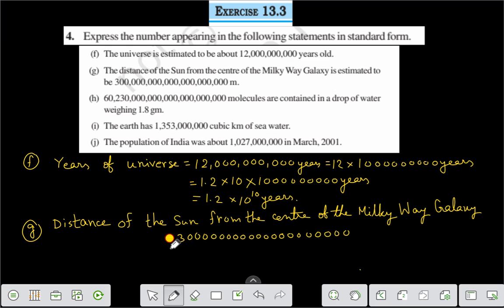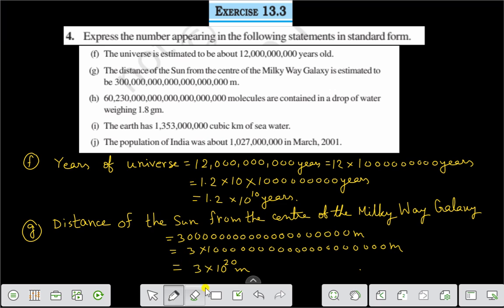And that can be written as 3 into 1, followed by 20 zeros. The unit is meter. Therefore, it can be written as 3 into 10 to the power 20 meter. That is the standard form, right?